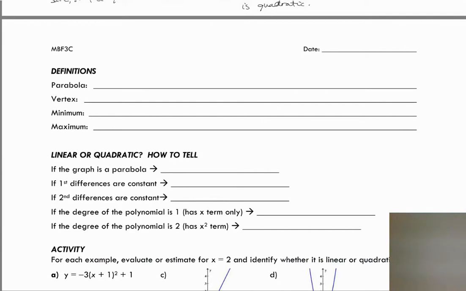So a parabola is a symmetrical U-shape curve that opens up or down.